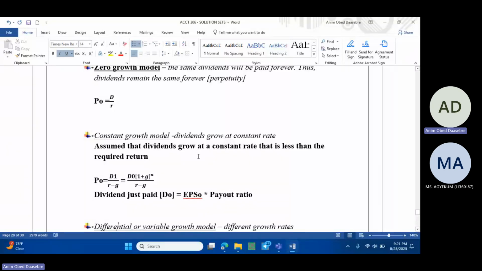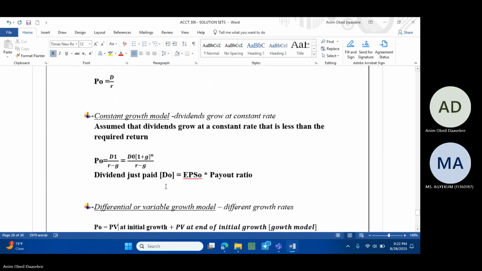So if it will grow, what will be the dividend in the future? That's why we have D1 divided by your required rate minus the growth rate. You get the current price for the common share.